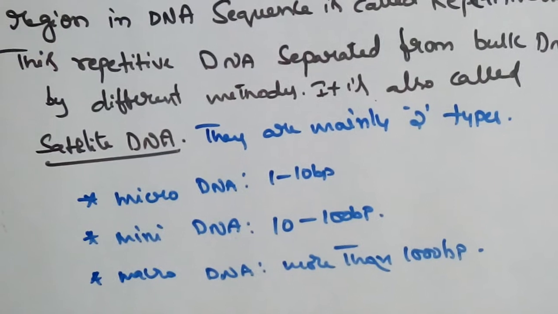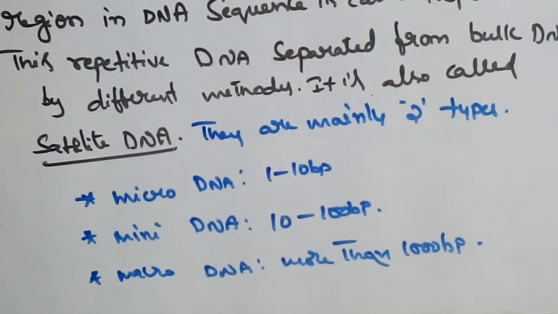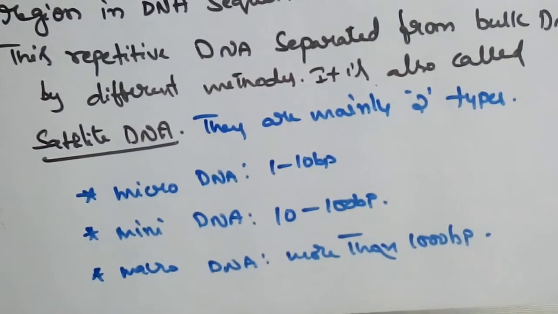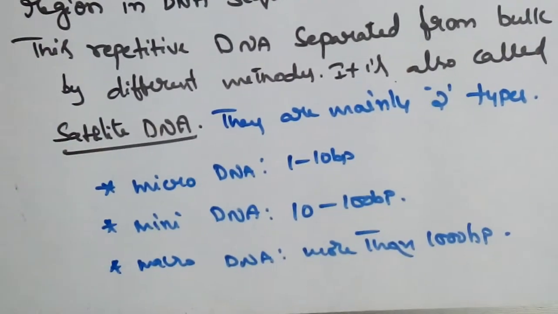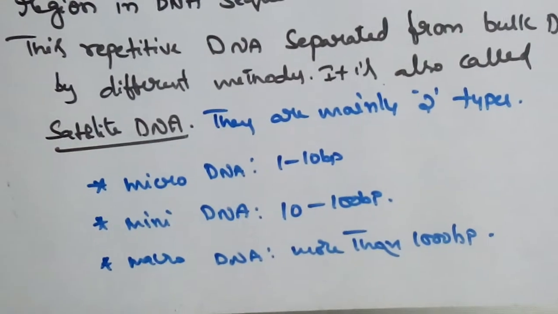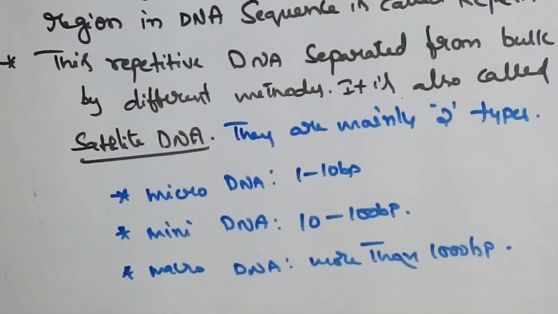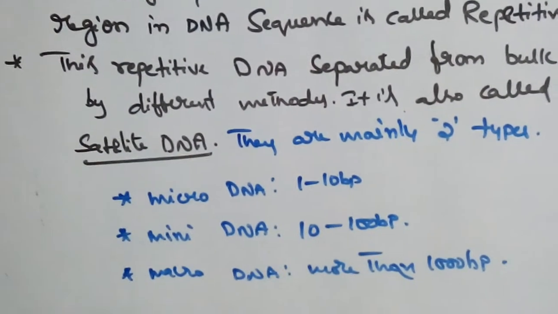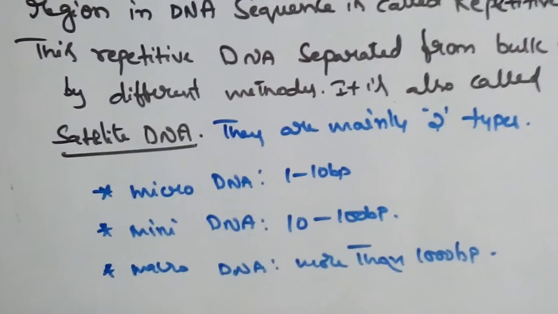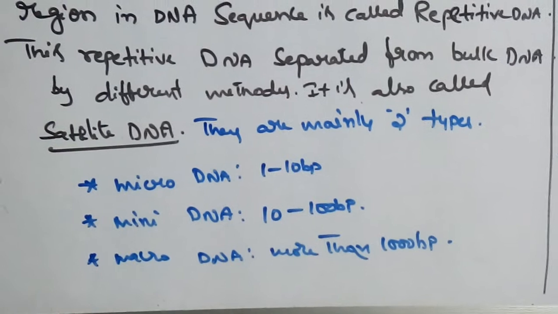If 10 to 100 base pairs are repeating every time, then it is called mini DNA. Macro DNA means more than 1000 base pairs are repeating. Micro means 1 to 10 base pairs, mini means 10 to 100 base pairs, and macro means more than 1000 base pairs are repeating here.